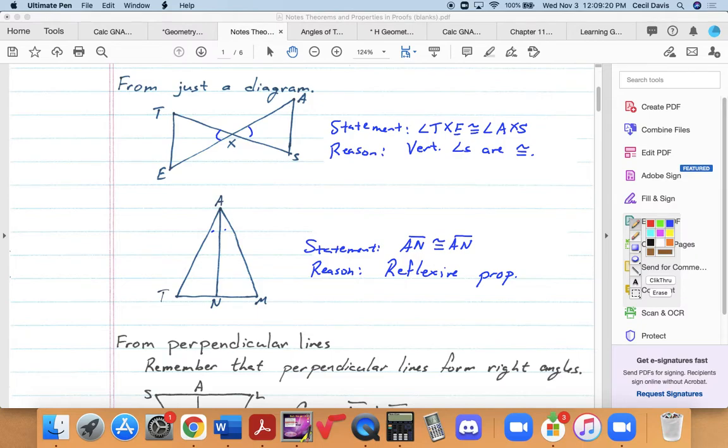So when we mark it, normally when we mark segments congruent to another segment, we just put a little slash across it, right? But if I just put a slash across this, you're going to go, well, where's the other one? So what we do instead is that we mark it with a slash and then with another slash going the opposite way.